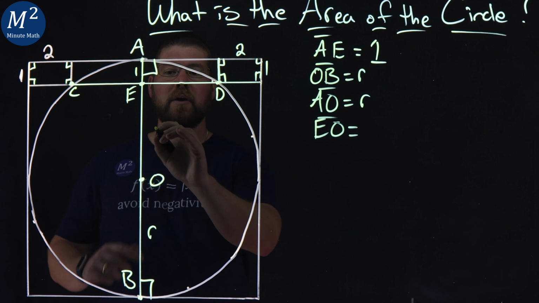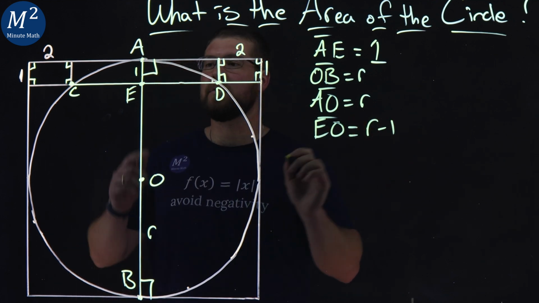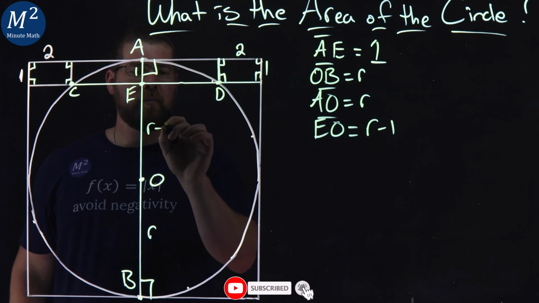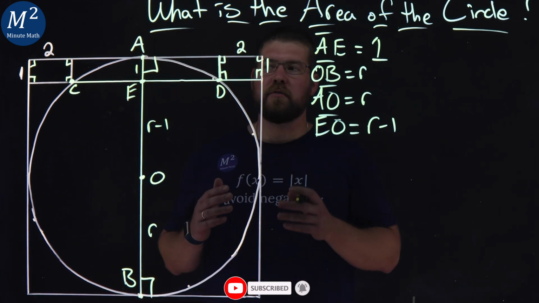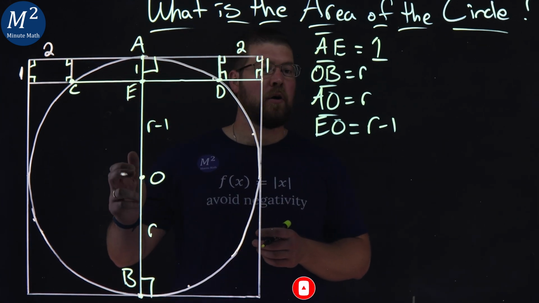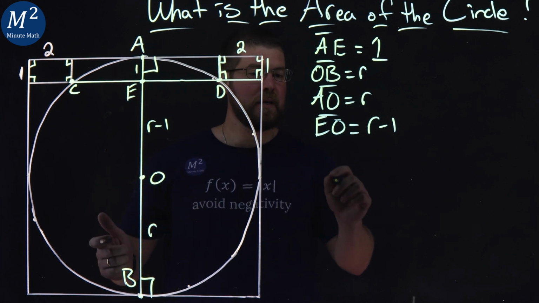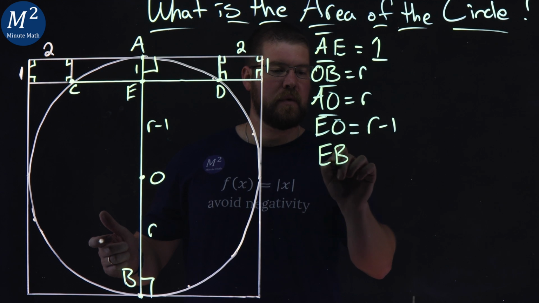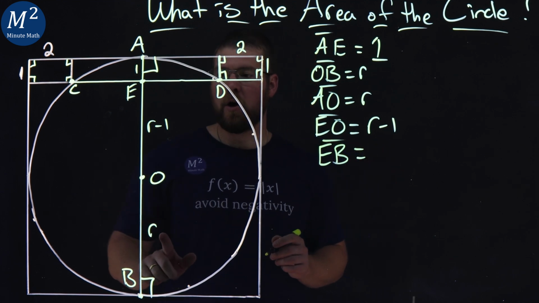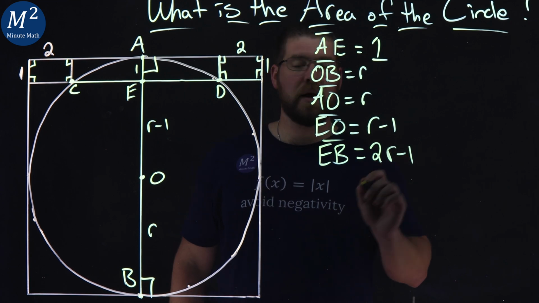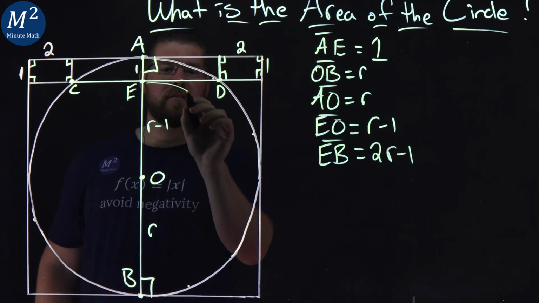EO would be that radius minus the 1, because AE was 1. So EO is R minus 1 here. So if EO is R minus 1 and OB is R, what is EB equal to? EB is going to be R plus R minus 1, which is 2R minus 1. So again, that's this length here.